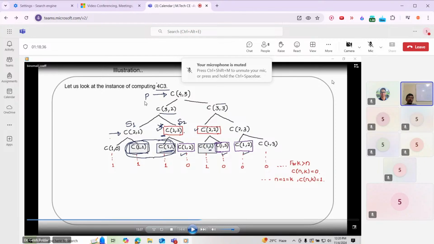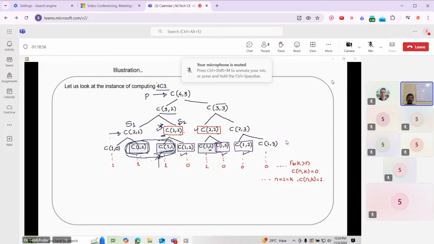You assume that P is the problem, S1, S2, S3, they are the sub problems. Now, these which we have circled here, these are the overlapping sequence. So that is why dynamic programming will come into the picture, memorizing those sub problems. Why we are remembering? You don't want to recompute here. You have to directly use it. So this is what we are coming as an observation.